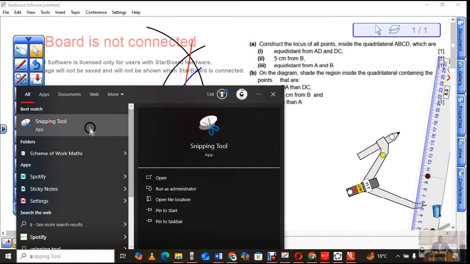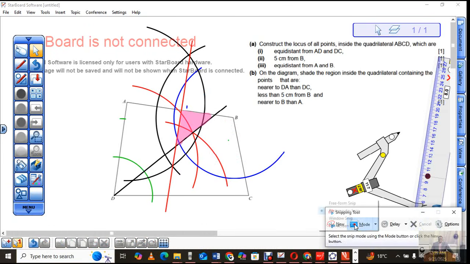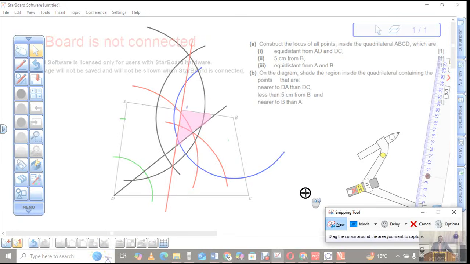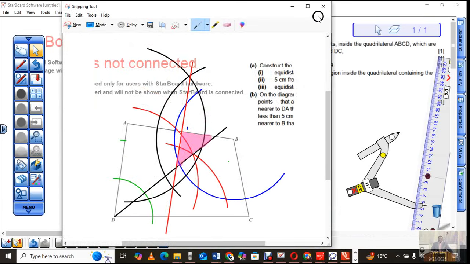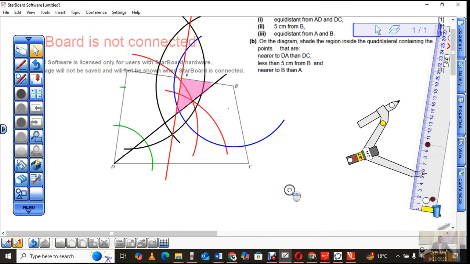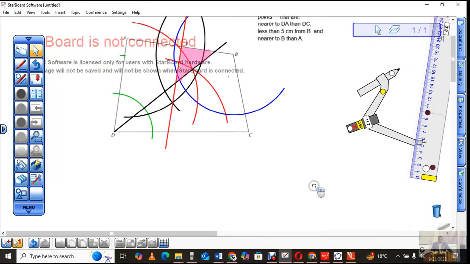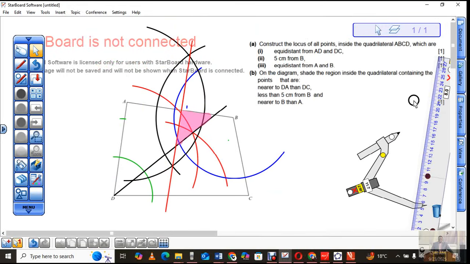All right, so let me just take a snipping tool of that. I just want to save it. Is it possible to bring it down?